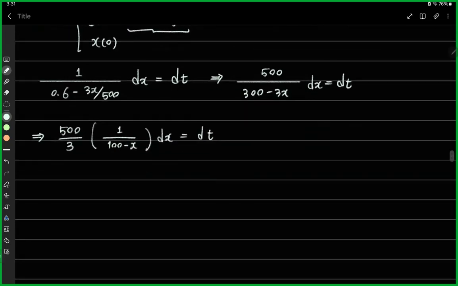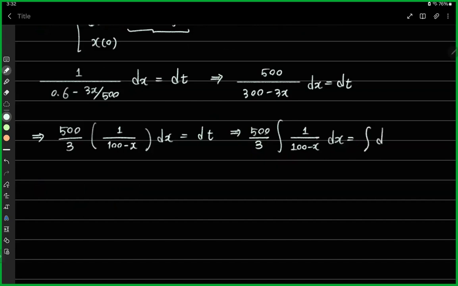Now we take the integral. Taking out 500 over 3, the integral of 1 over 100 minus x dx is equal to the integral of dt, right?